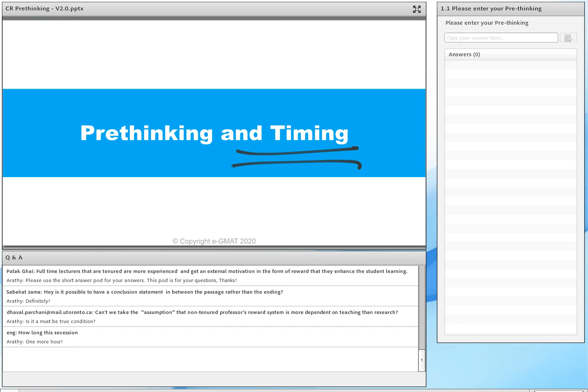When you look at January data, you're going to find something very, very similar. When it comes to verbal related reviews, upwards of 90% come from e-GMAT. And you're going to find e-GMAT as the only company that is not talking about timing over there. Just some data for you.